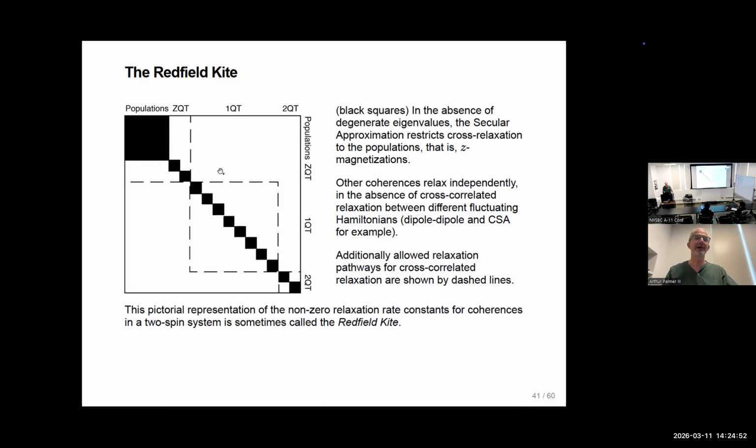That's what's indicated by these dashed lines, that there can be more happening when we have more than one Hamiltonian, more than one interaction. And the famous one for the nitrogen is CSA and dipole. This cross relaxation term adds to R2 for one of the doublet lines and subtracts from R2 for the other doublet line. So one line gets increased and the other line gets narrowed, which is the Trojan effect.